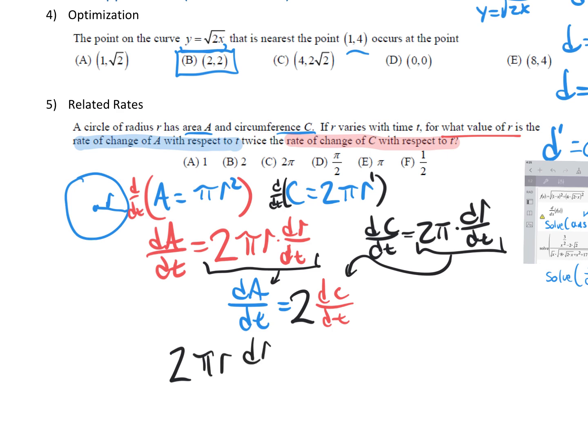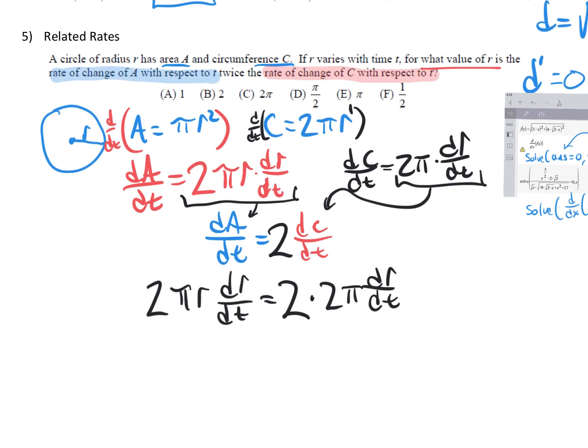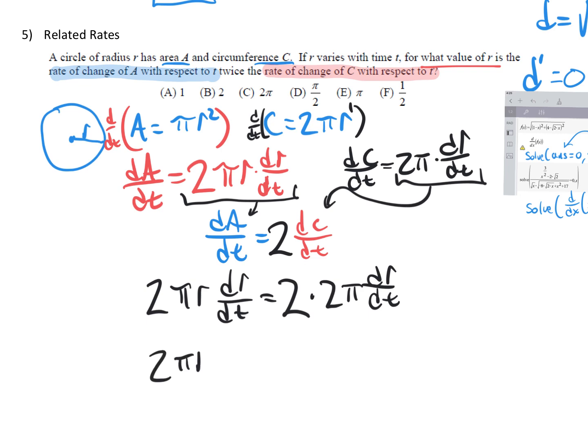Now again, if you're not sure where to go, just start making substitutions. Be careful. Use your algebra properly. Okay, this is proper algebra. We're allowed to do this because this is what dC/dt is worth. We could clean this up a little bit. 2 pi r dr/dt equals 4 pi dr/dt. Now here's what we need to understand.